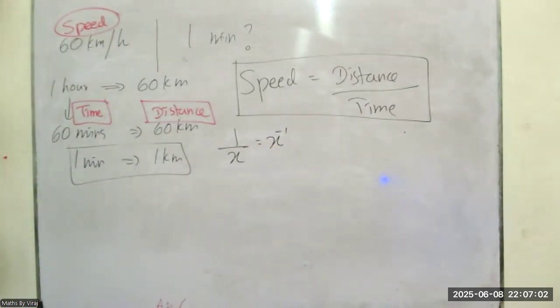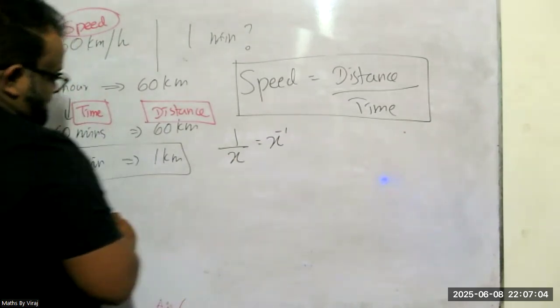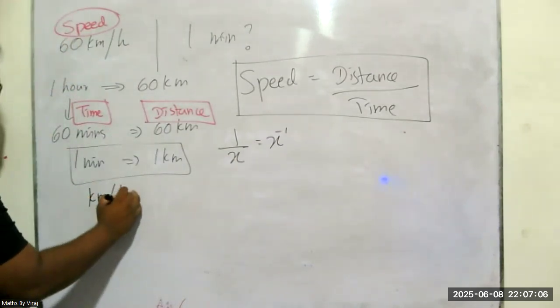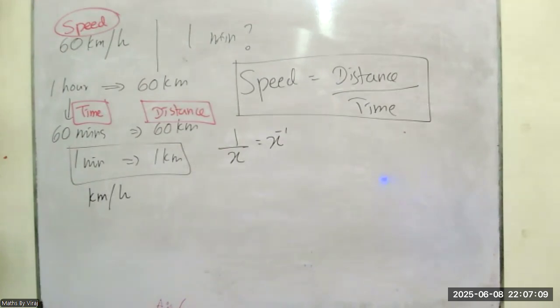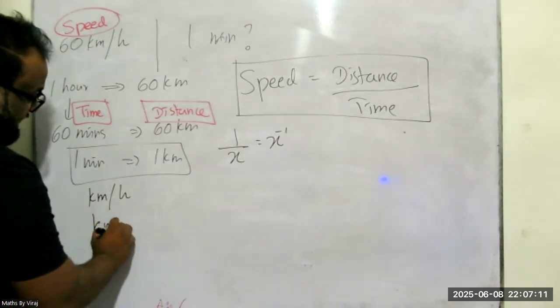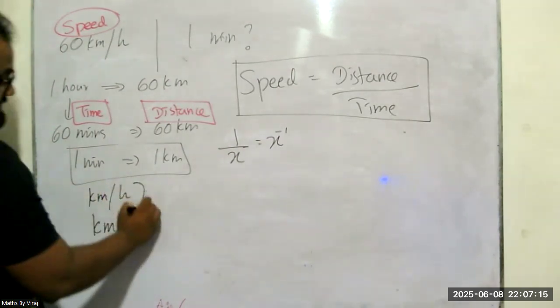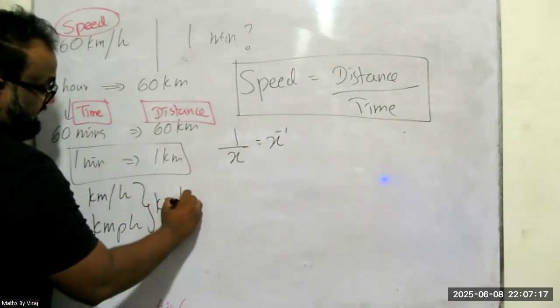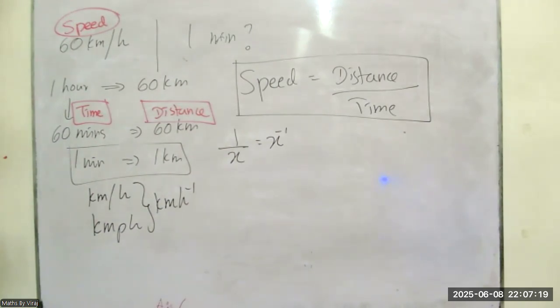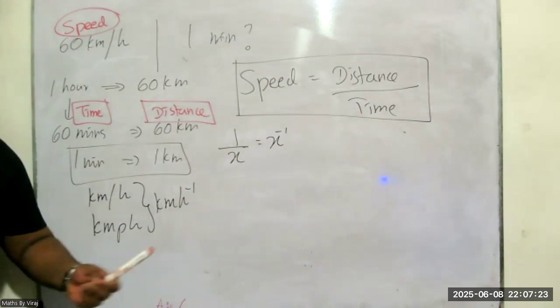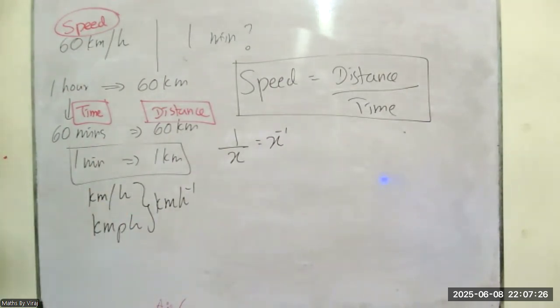Now this kilometers per hour can be written as such. Also, we say it as kmph, kilometers per hour, or else it is written as km h minus 1. All these units are the same, they give the same meaning.